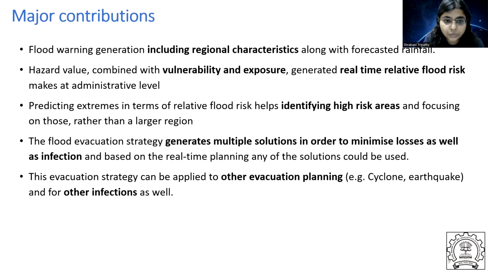The hazard value, when combined with vulnerability and exposure, gives a relative risk, which enables us to identify high-risk areas and hotspot areas in a larger region, so that evacuation planning or any regional hydrologic modeling can be done for those areas only rather than focusing on a larger area.